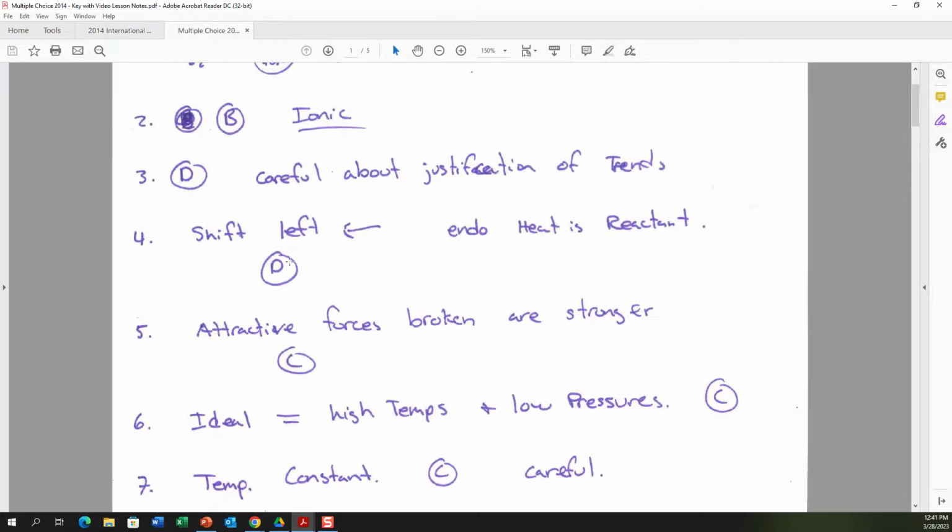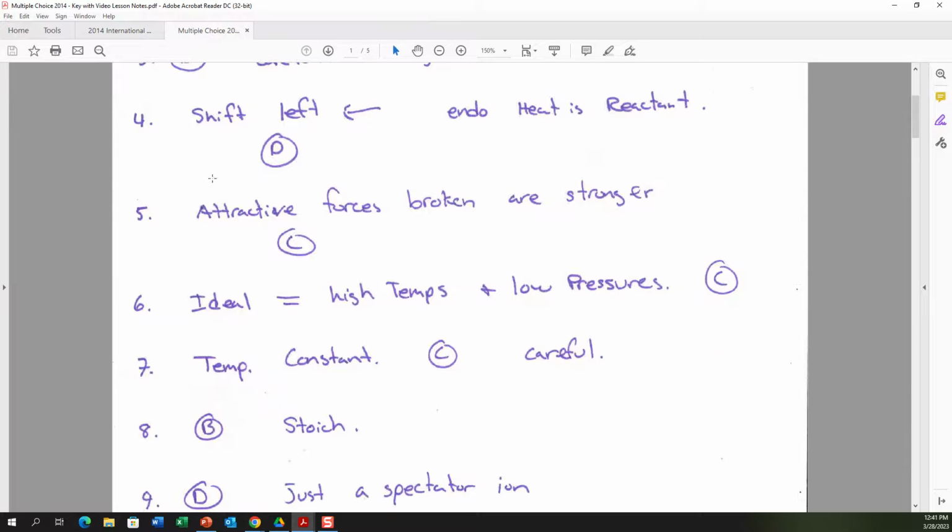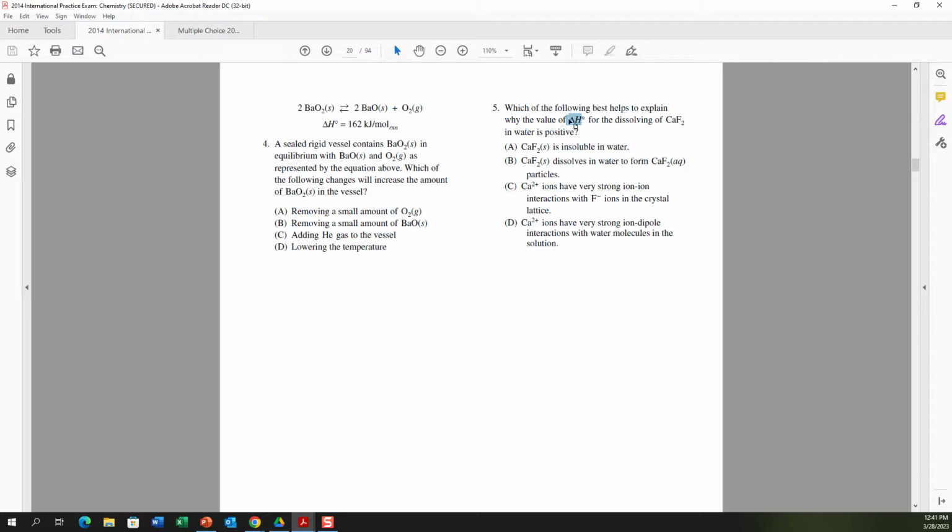So the answer would be C for number 5. If this had said this process had a negative delta H, and why would that be, then this would be a good explanation to why it might be exothermic. This is the answer to why it's endothermic.